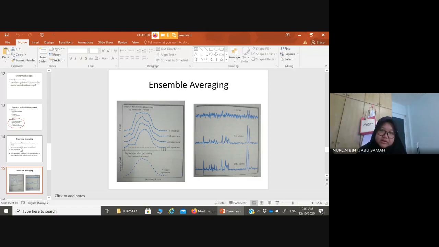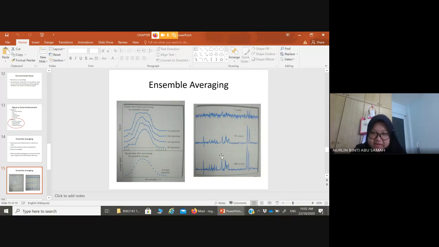For this one, in the first scan you can see there is a lot of noise. By the time you run until 50 scans with ensemble averaging, you see the signal become higher and the noise will remain, because noise will always remain.